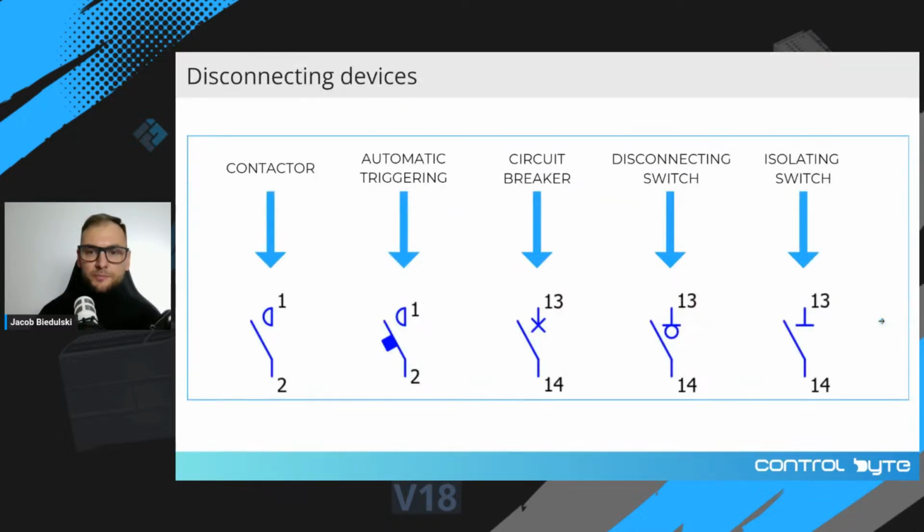So in electrical wiring diagrams, you will find different types of disconnecting devices, like contactors with automatic triggering, circuit breakers, disconnecting switches, and isolating switches. Right here, you can see those symbols for each of these devices. As you can guess, the function of those devices is different depending on the application.